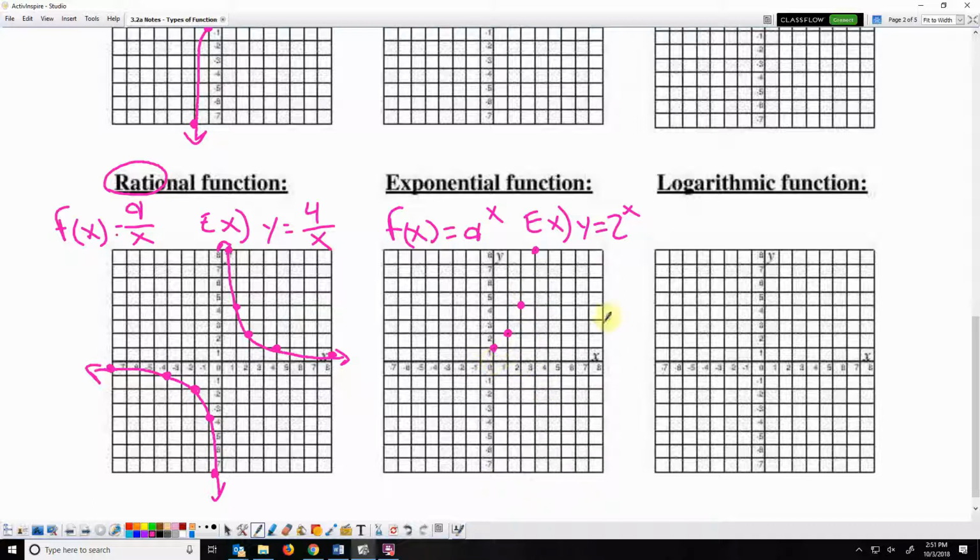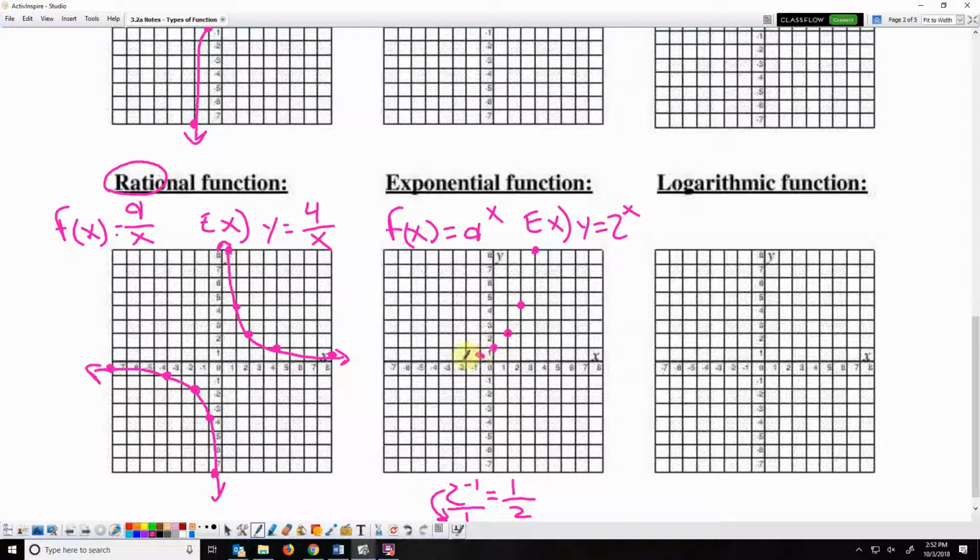2 to the -1 power. If you remember your rules of exponents, I can move this to a denominator. I'll put that over 1, and I can move that 2 down into the denominator, and it becomes a positive exponent, leaving me with 1 in the numerator and 2 in the denominator. So 2 to the -1 is 1/2.